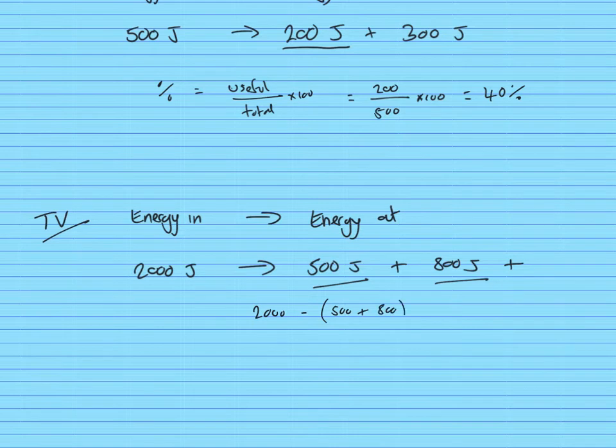So 2000 minus 1300, and now I'm going to get a value of 700. So 700 is what's missing here. We often need to calculate missing energies. Am I okay now? 500 plus 800 plus 700 should equal 2000. Remember, energy cannot be created or destroyed. It can only be transferred.